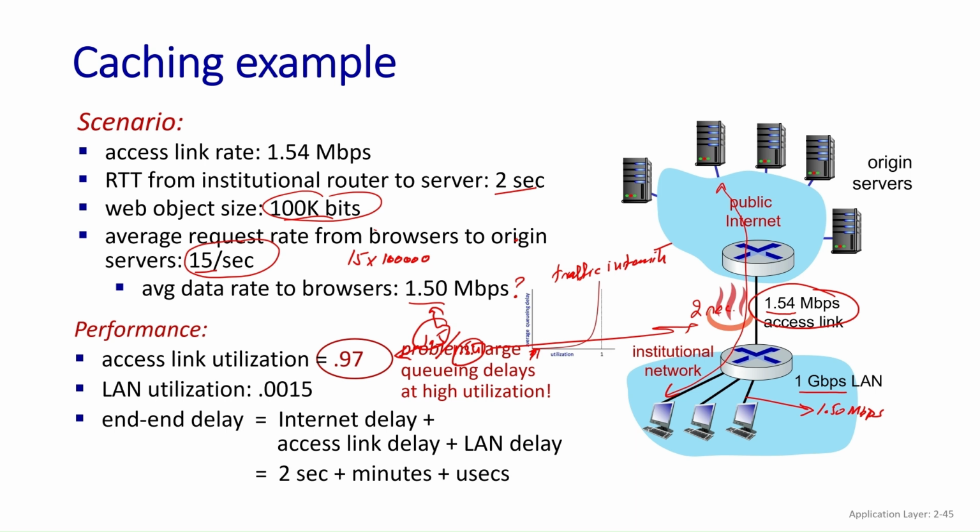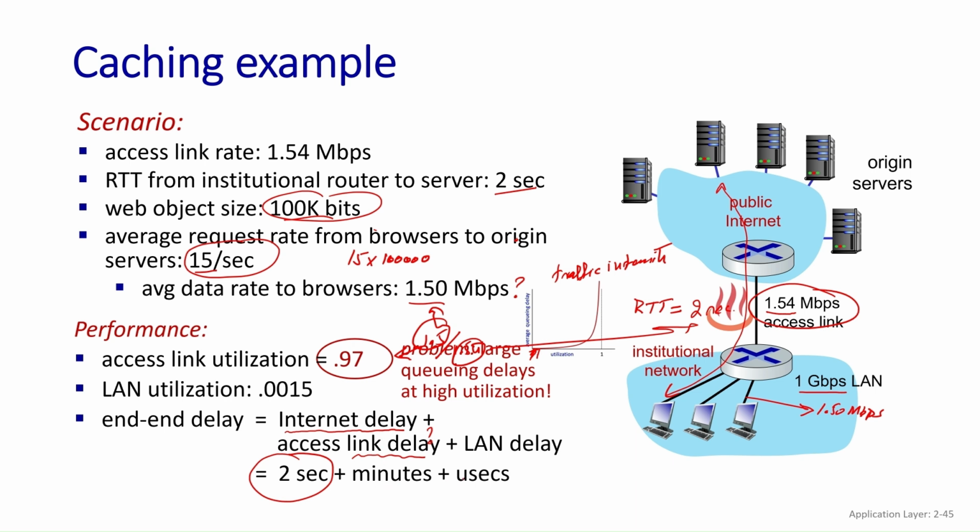If I want to calculate the end-to-end delay, it is a sum of these. We have the internet delay, where we make a request to the server and receive a response. This is the RTT, round trip time, 2 seconds. Plus we have the access link delay. This is the problem here, because if all the machines are sending, it can be in minutes.